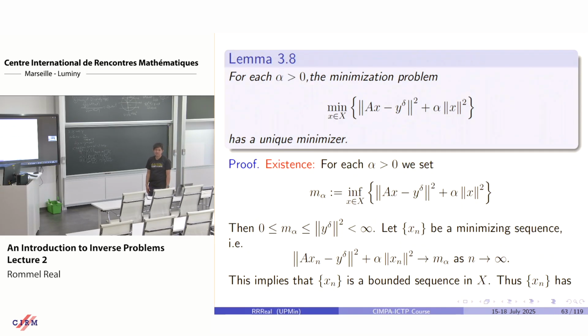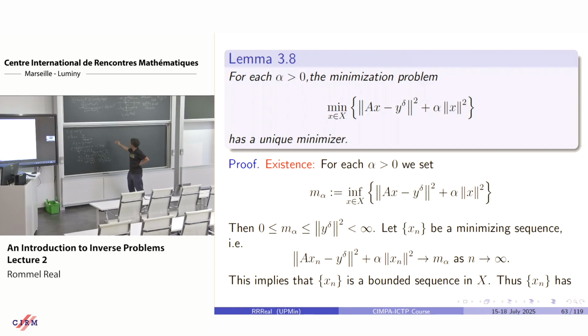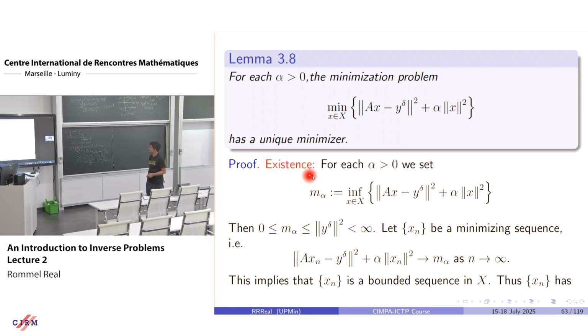And finally, we are ready to show that the Tikhonov minimization problem has a unique minimizer for every alpha. Here's a sketch of the proof. On the board, I'll just sketch what should be put into detail. For each alpha, we set m sub alpha to be the infimum of the Tikhonov functional.